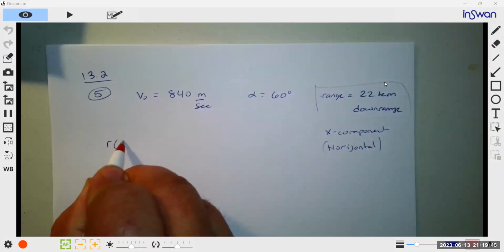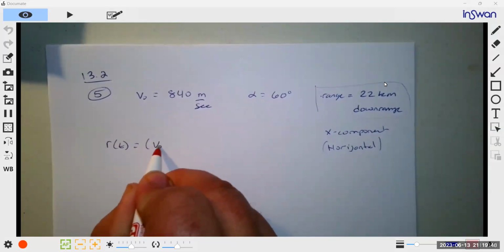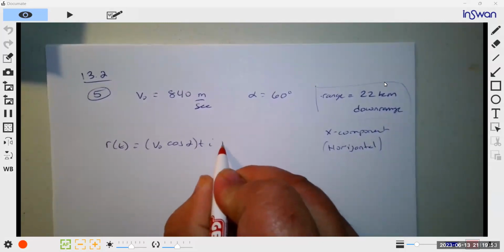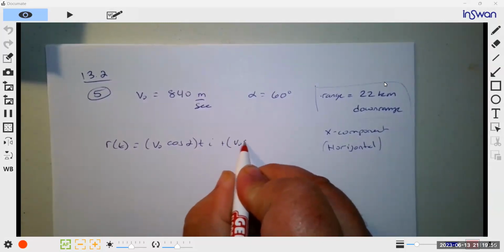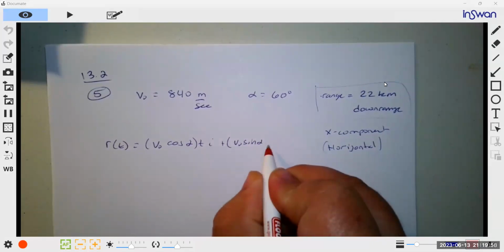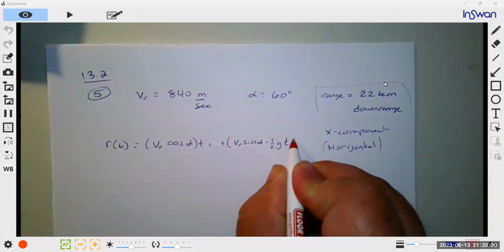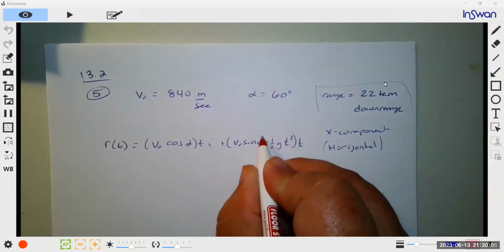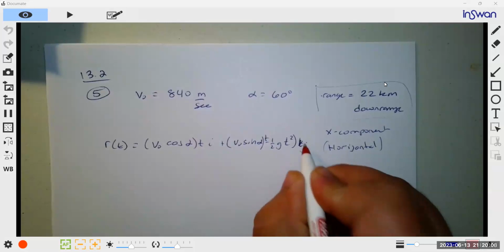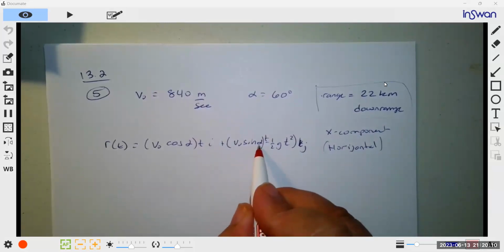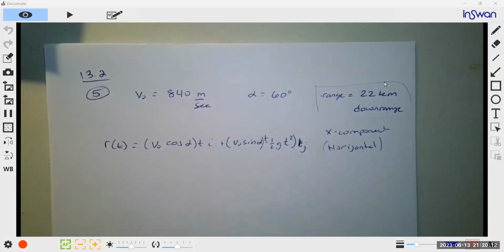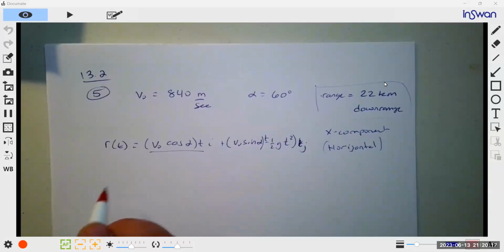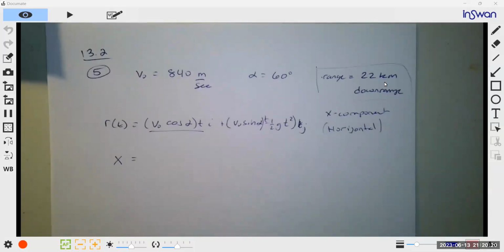We know our function that we're dealing with is v sub 0 cosine alpha t i plus v sub 0 sine alpha minus 1/2 g t squared t j. So all we're looking at is this part, the horizontal, since it's downrange.